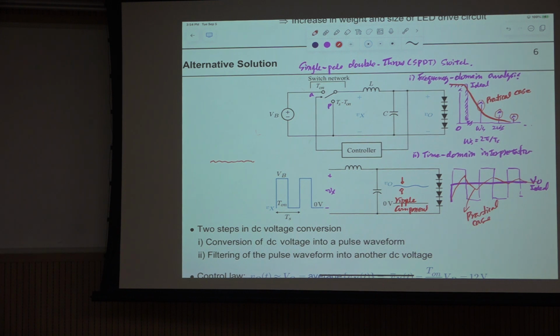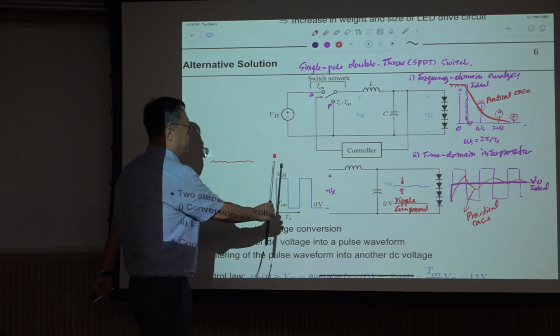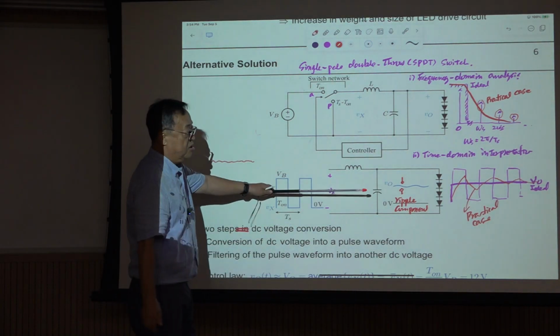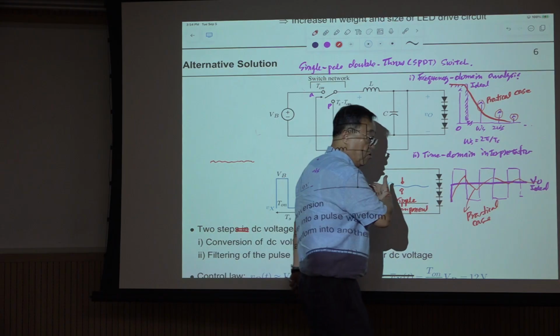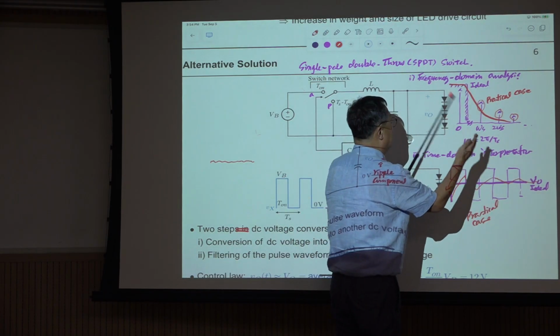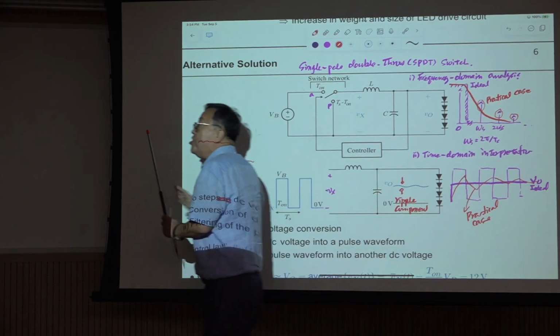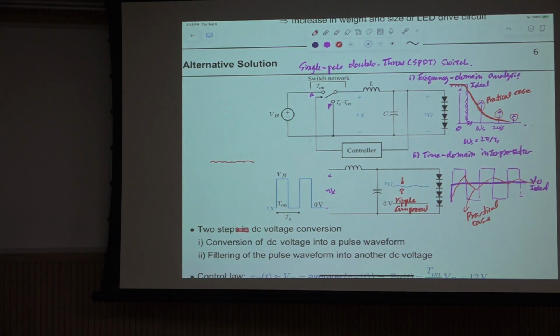Actually, there are two steps in DC voltage conversion. The first is conversion of this DC voltage into this pulse waveform, and the second is filtering out this, just taking the average value, or just taking the DC component in the Fourier series expansion. It is that simple.